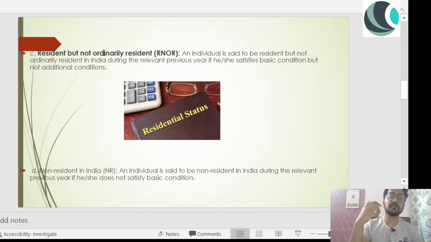If I meet both the additional conditions, I will be considered as ordinarily resident. If I don't meet one of the conditions, I won't be considered as ordinarily resident. I will be considered as resident but non-ordinarily resident. So these are the classifications.